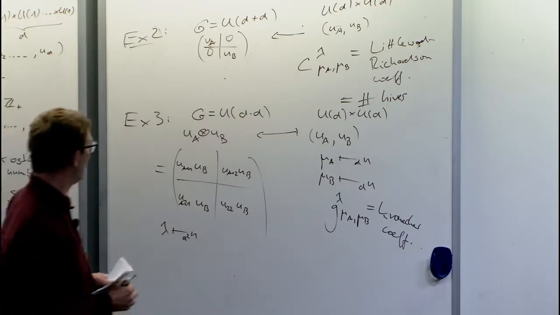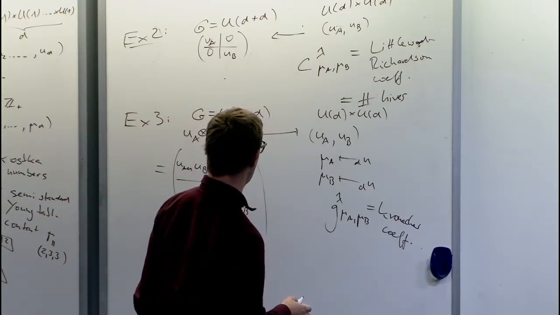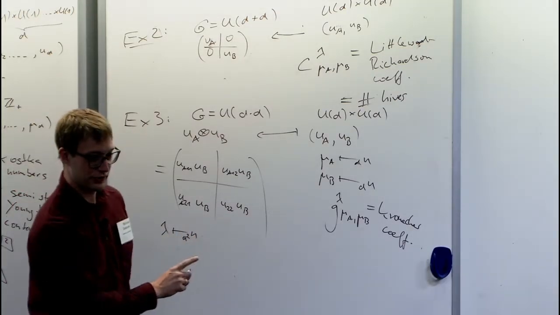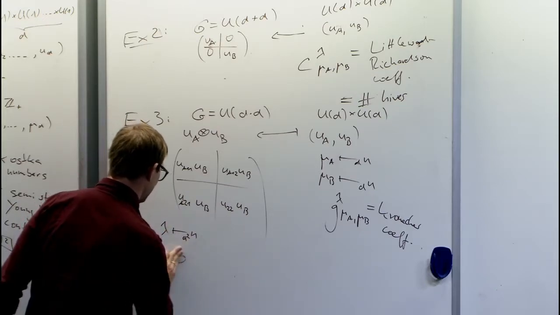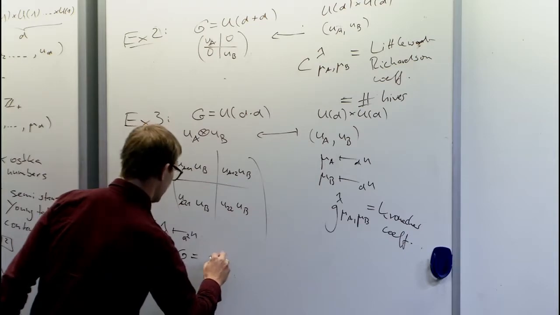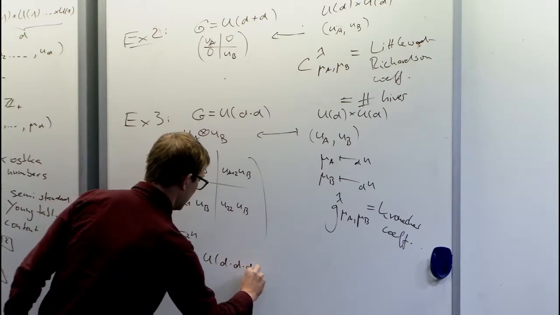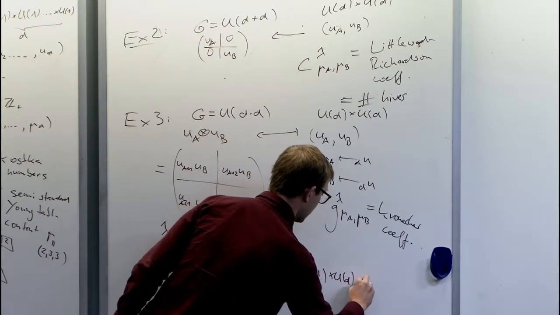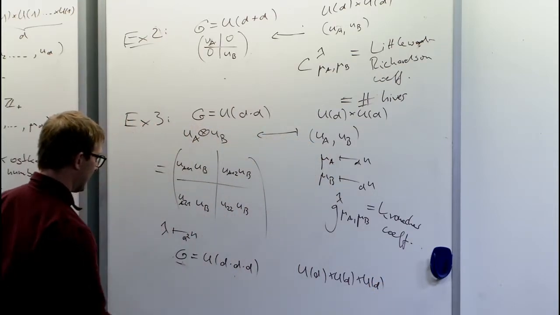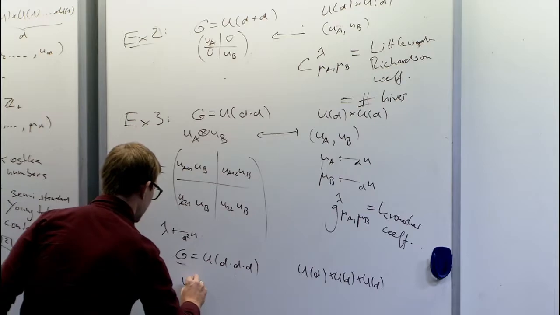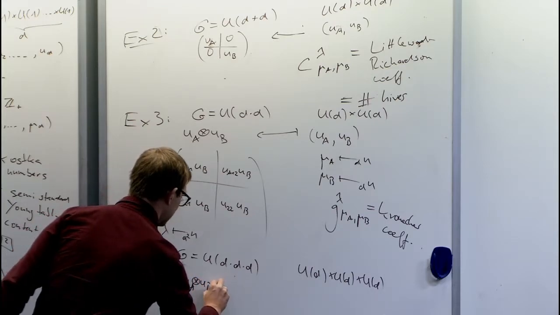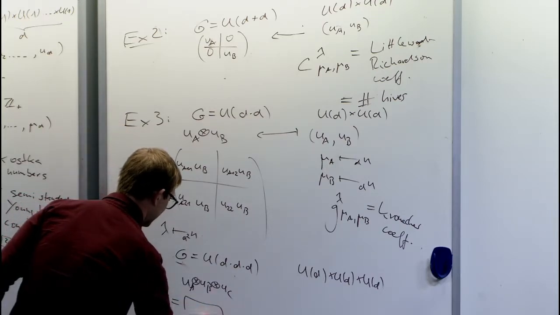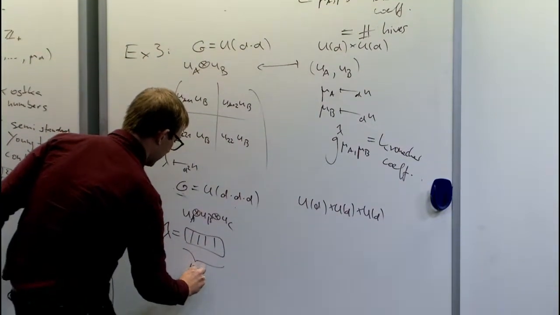I prefer, and this is my example 3a if you want, maybe I still managed to put it below, a different version of the Kronecker coefficient to make things a little bit easier. Namely, I want to make it more symmetric. So I want to actually consider U of D cubed and then inject 3 triple factors just in the natural way. Right here you get U A tensor U B tensor U C. And then I would like to restrict to the diagram lambda, which is just one row with n boxes.